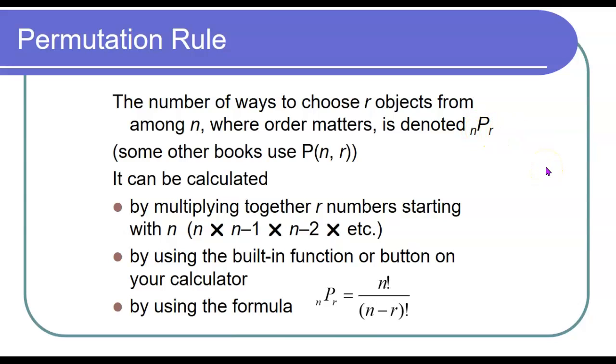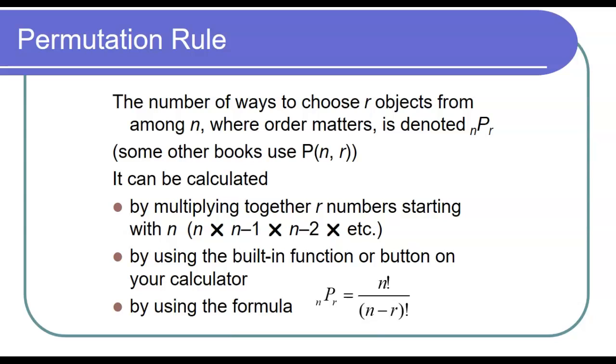To actually calculate what that comes out to, there's several different ways you can do it. One way is by multiplying together r numbers starting with n. Like when we did 5P3, we multiplied together 3 numbers starting with 5. 5 times 4 times 3.